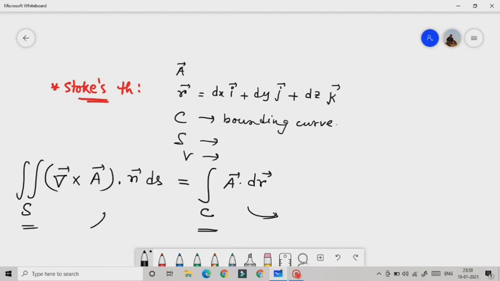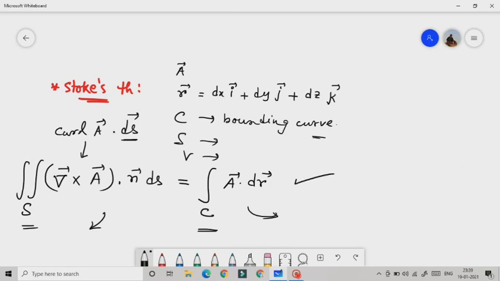The curl of the vector A is dot product with dS vector, or you can simply write dS vector as the outward unit normal vector n dS, and that is equal to A vector dot dr vector over this bounding curve. So you have to remember this formula as well, which is Stokes theorem.